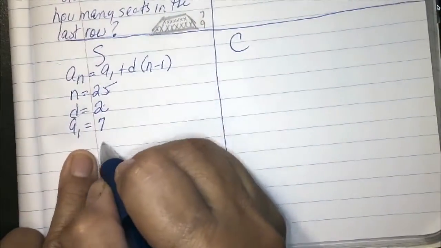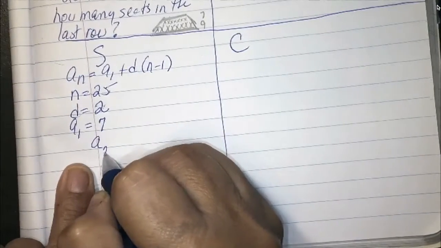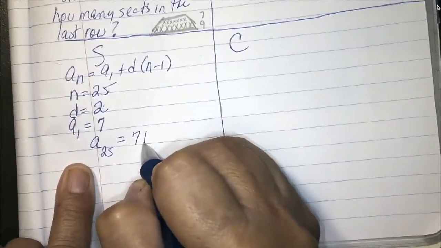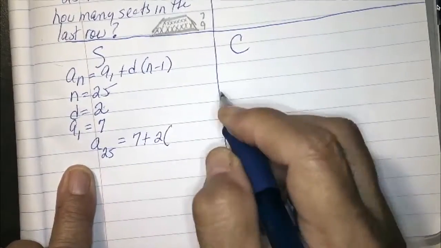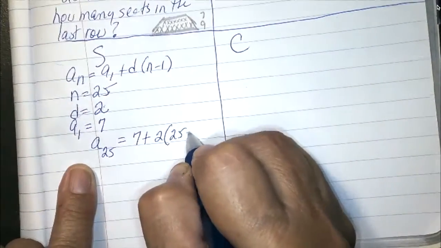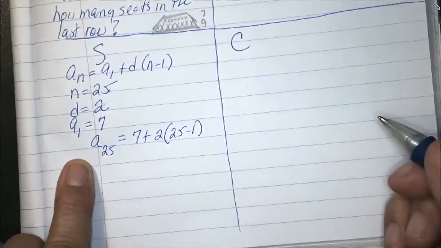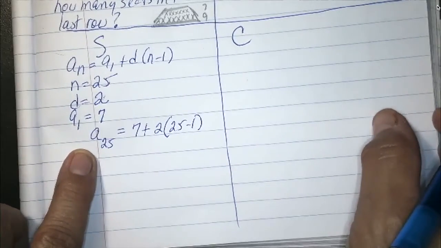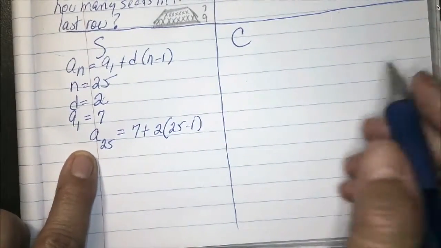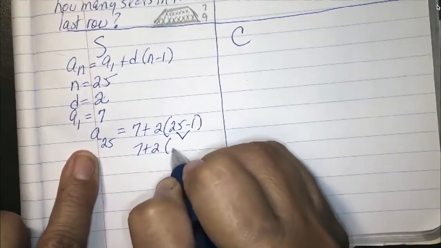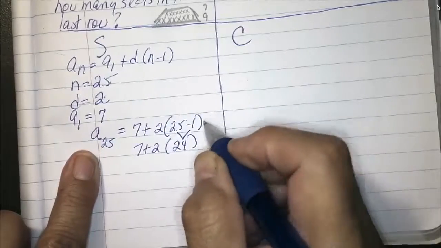We know that A sub 25 is equal to the first number, 7, plus 2 times, in parentheses, n, which is 25 minus 1. Now, according to our order of operations, remember we do inside our parentheses first. So 25 minus 1 is 24.